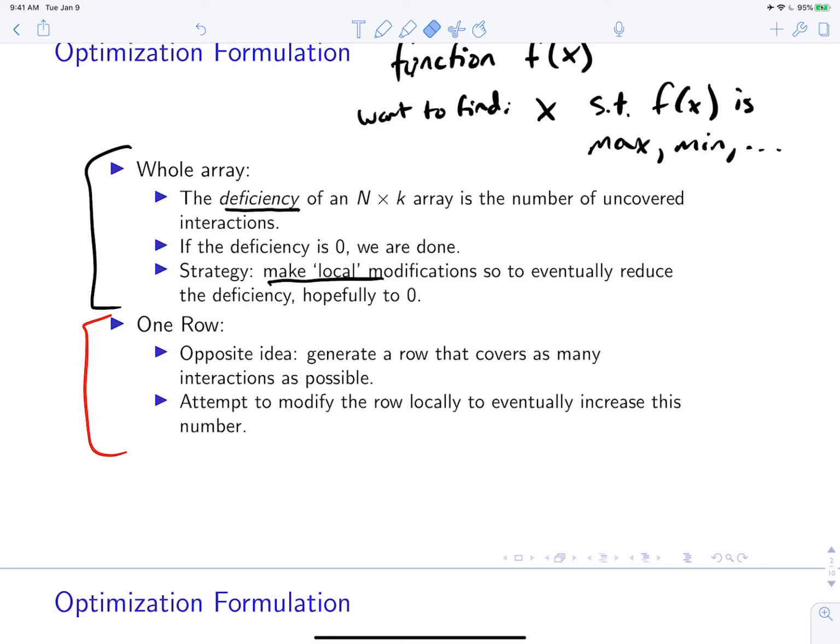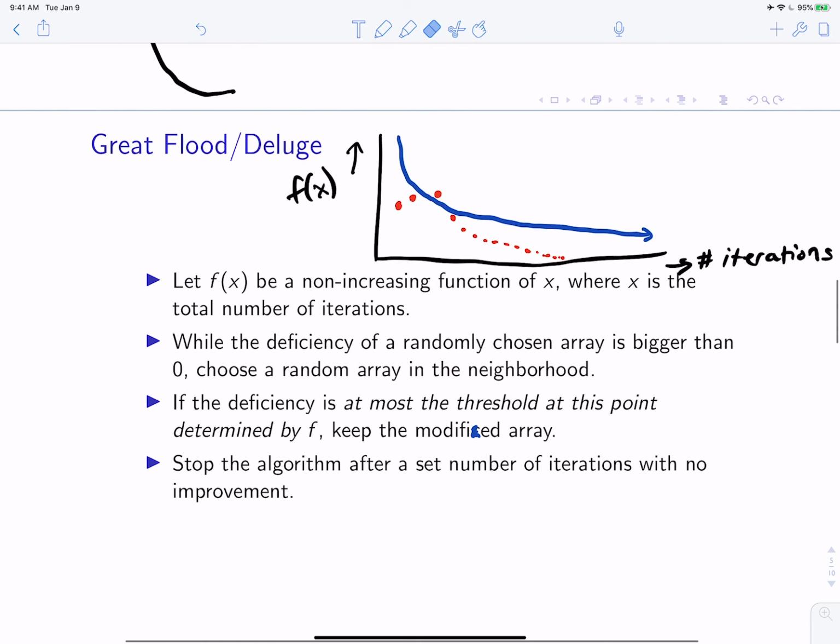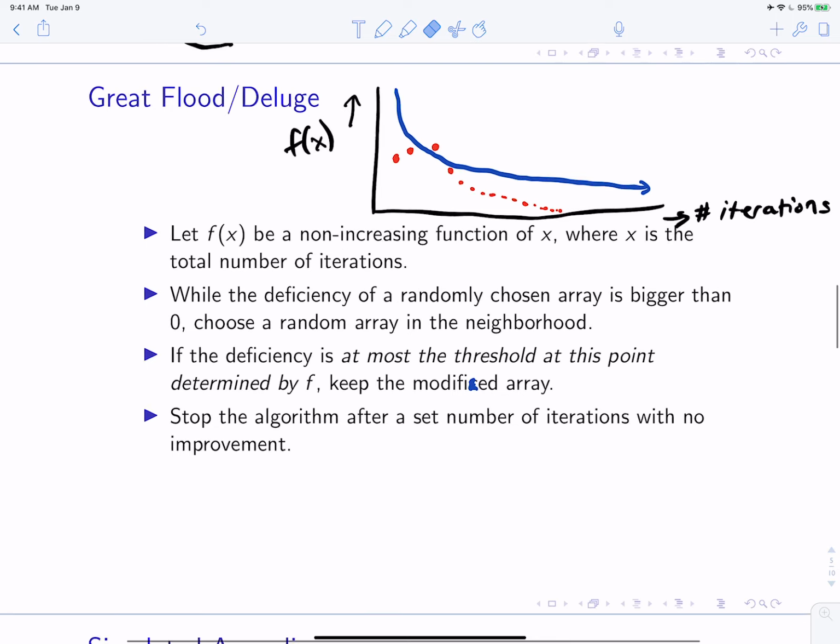So if the array doesn't exist, asymptotically, the simulated annealing algorithm will never find it. And if the array does exist, the simulated annealing algorithm will find it, if you ran it for infinitely long, but of course you can't do that. Any questions on Great Flood or Deluge?